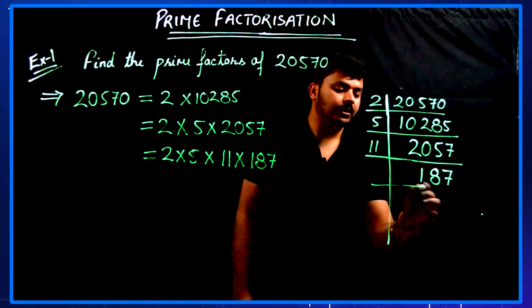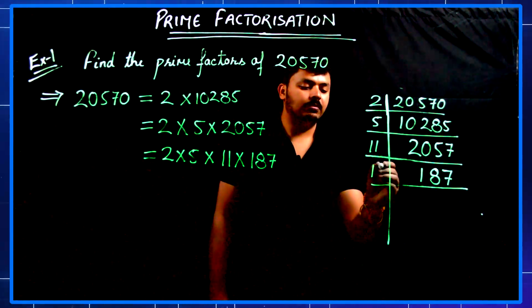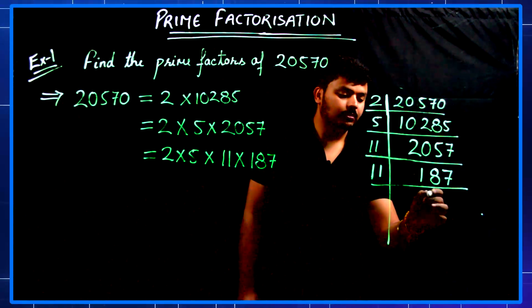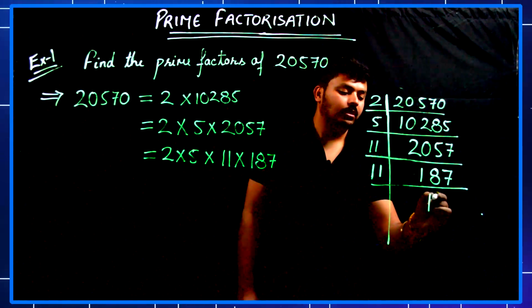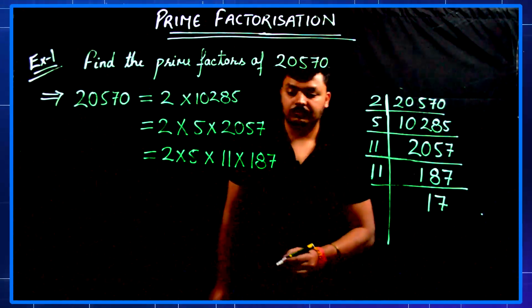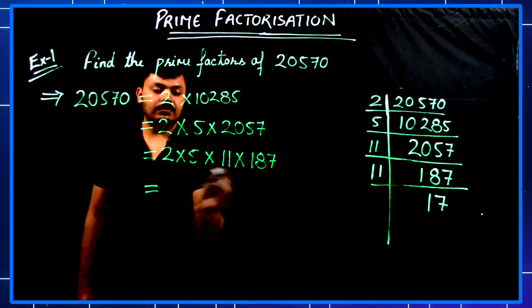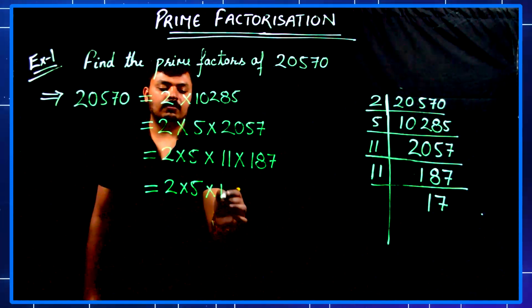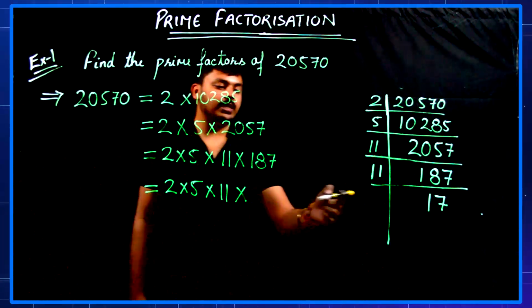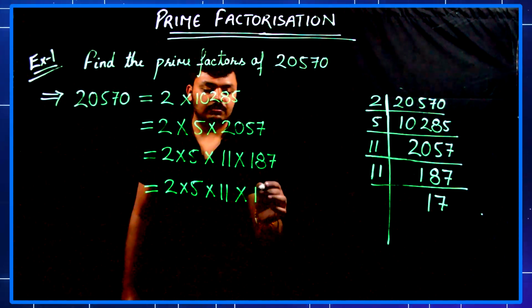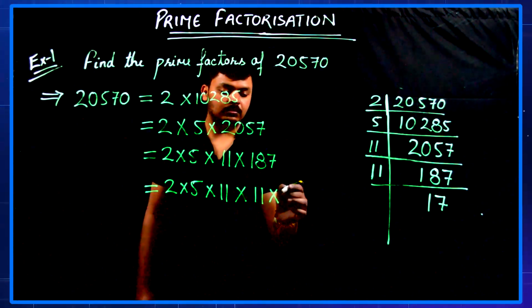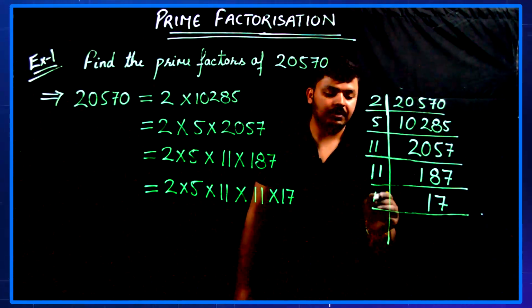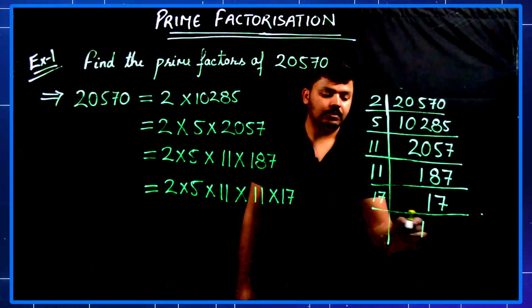Now 187 can be divided by the least prime number, that is 11. So 11 ones are 11 and 11 sevens are 77. So we can further split 187 as 11 into 17. And 17 can only be divided by 17, and we get 1.